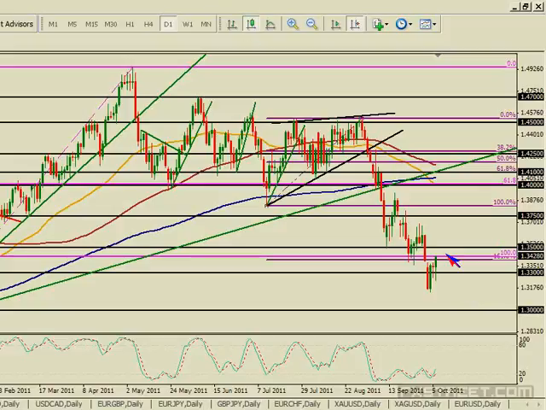Okay, however, if you take a look at this euro dollar daily chart, you'll see very, very clearly, if there was ever a better downtrend or a new downtrend than we're seeing right now, I would be hard pressed to find a better formed trend than this.